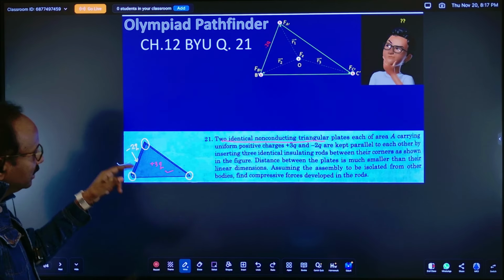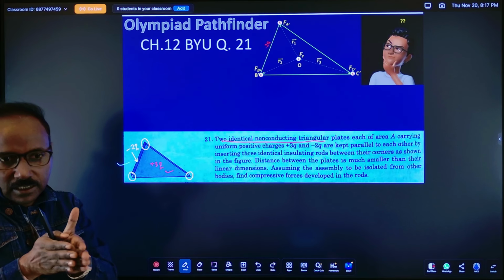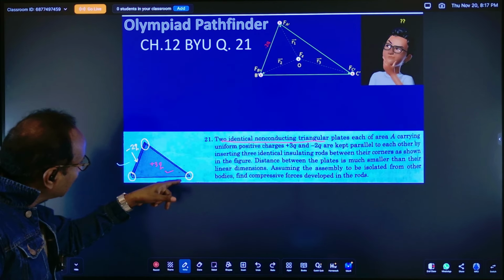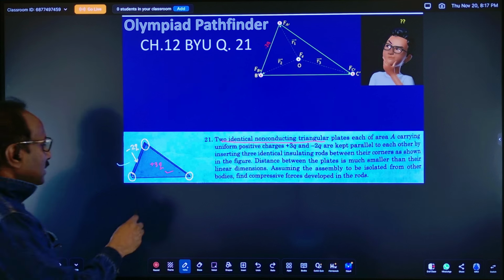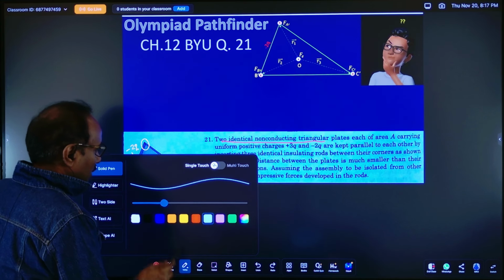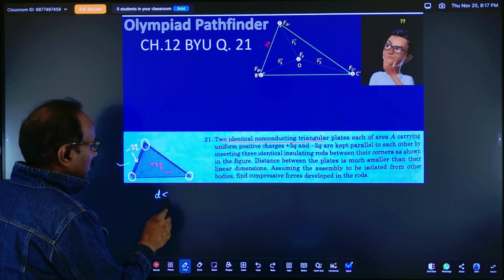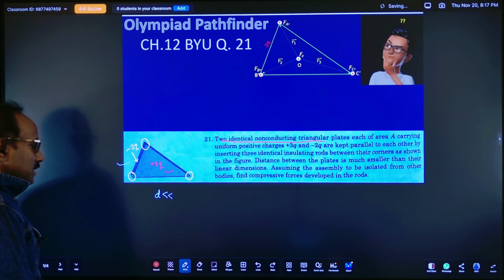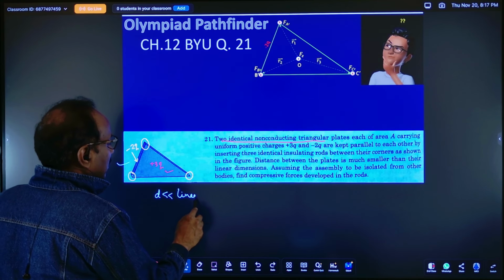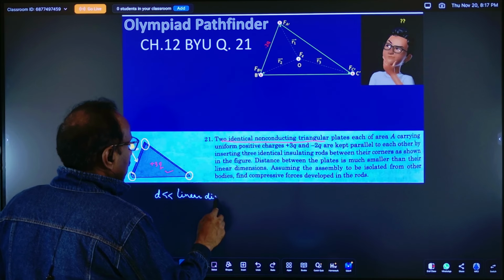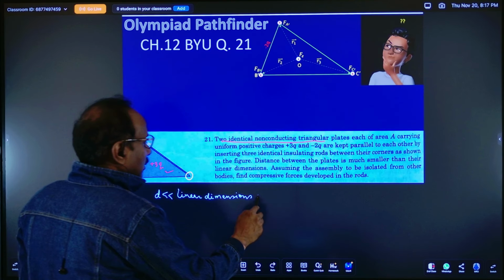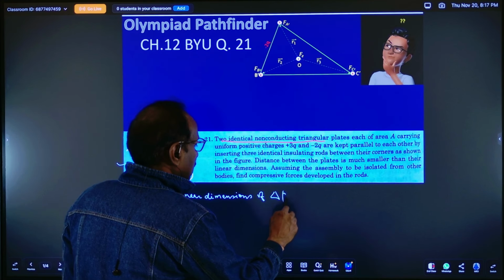The distance between these two plates is much smaller than the linear dimension of these plates. If we say the distance between the plates is d, then what this means is d is much less than the linear dimensions of the triangular plates.